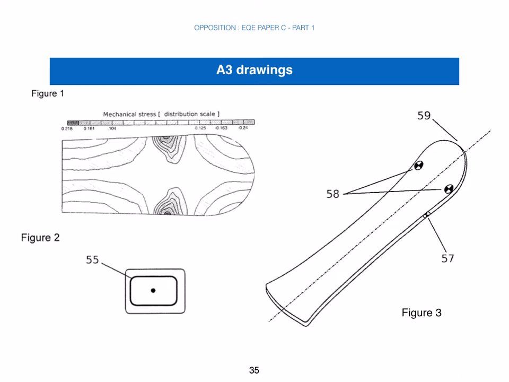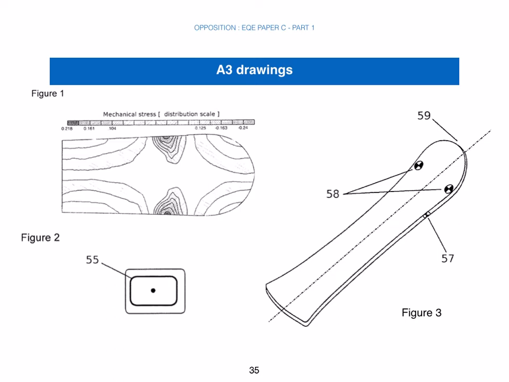The question is, do these areas of great mechanical stress correspond to the points 57 or 58 on figure 3? And what is figure 2? It's probably the damper. Figure 3 shows a unidirectional snowboard. 58 must be the dampers, and they are placed at the position of greatest stress. What is the position 57?